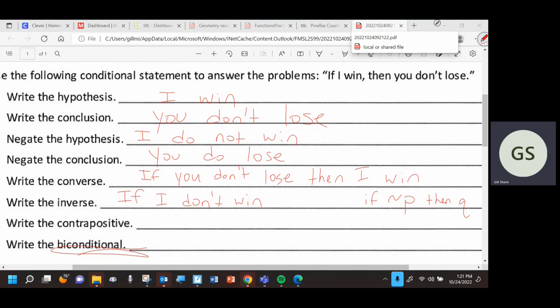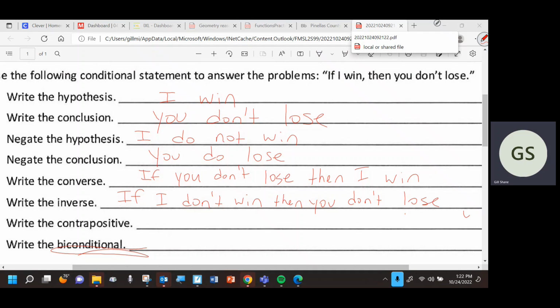So the conclusion is you don't lose. So again, the inverse means I negate the hypothesis, still the same order, still the hypothesis and the conclusion. If that was I win, I need to do I do not win. So if I do not win, and then I just write the same conclusion. You don't lose.